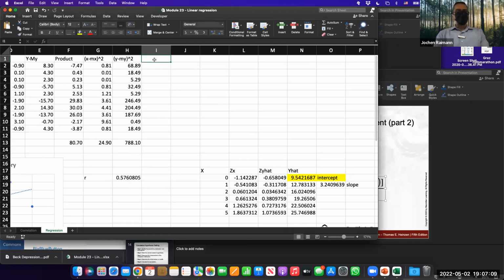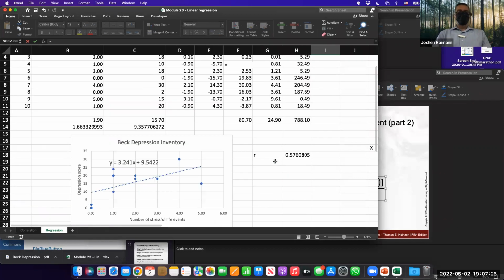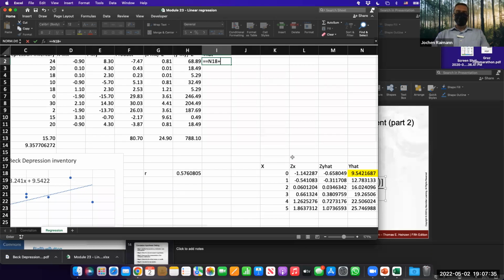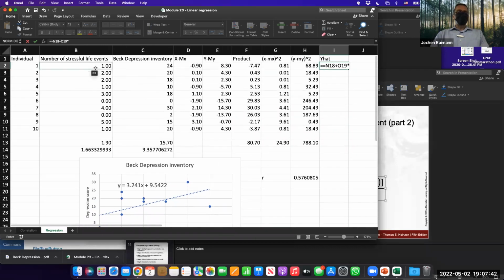So hypothetically, you could also say, okay, so I have now a y hat. My y hat for individual one is calculated as intercept, which is 9.542, plus your slope multiplied by the number of stressful life events.